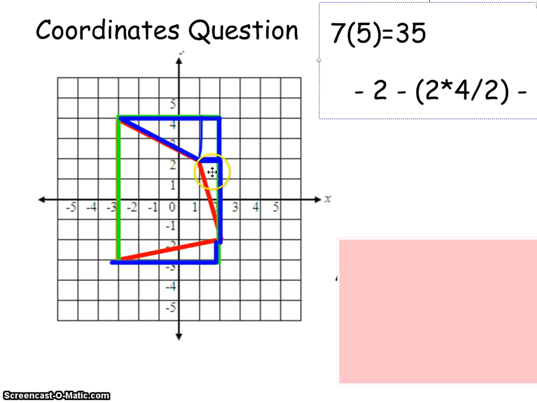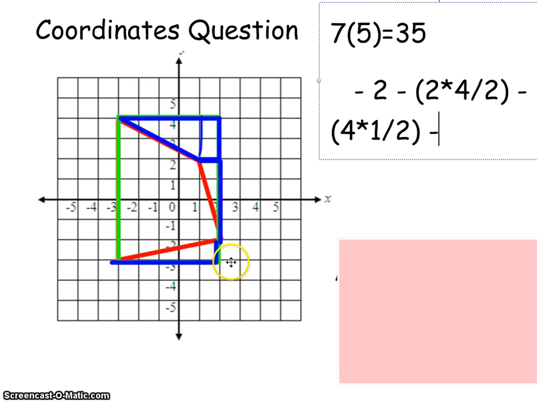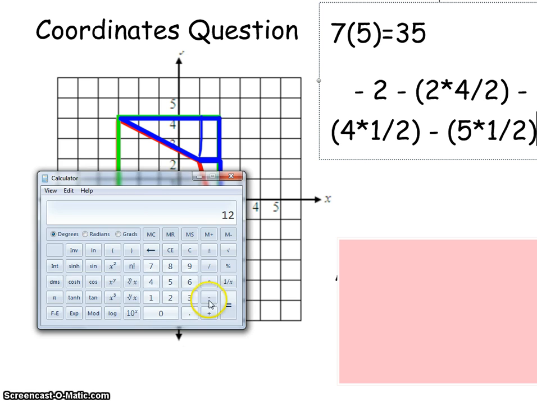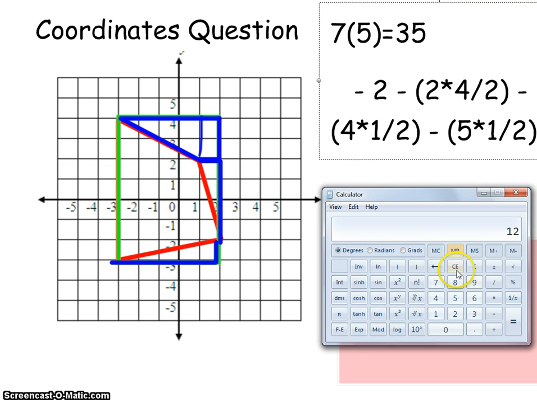Now let's take a look at the triangle down here. My base is 1, 2, 3, 4 units, and my height is 1. If I look at the last triangle, my base is 1, 2, 3, 4, 5 units, and my height is 1. So when I simplify that, I'm going to use my calculator and bring that up here.